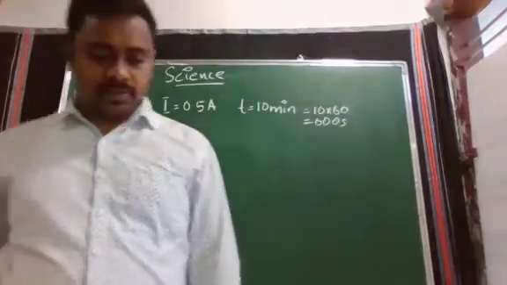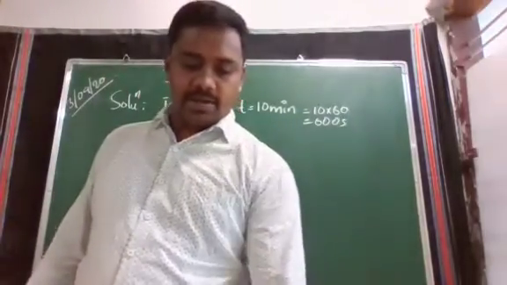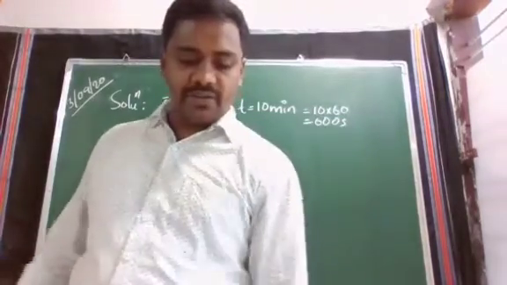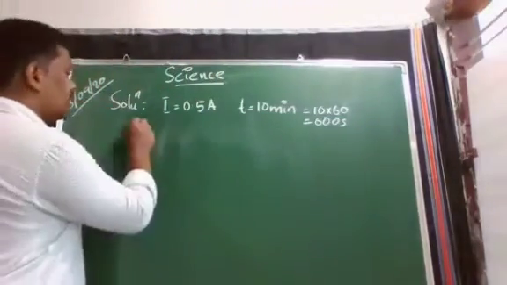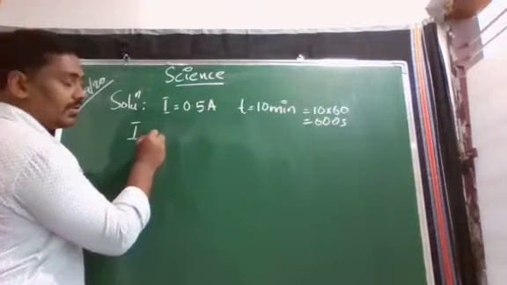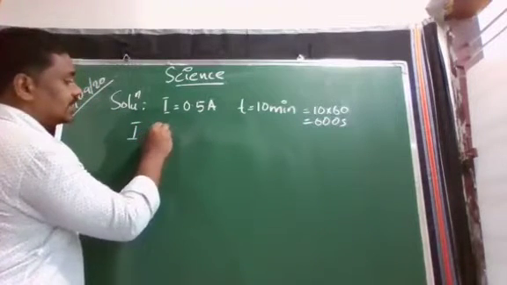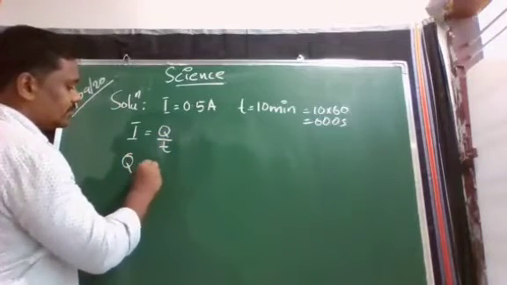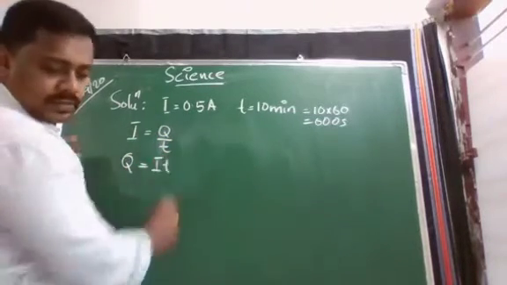So what do we want to find? The electric charge, that means Q. We have the formula I is equal to Q by T. So Q is equal to I T. Is it correct?